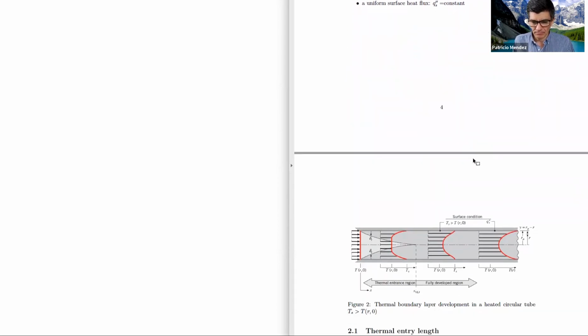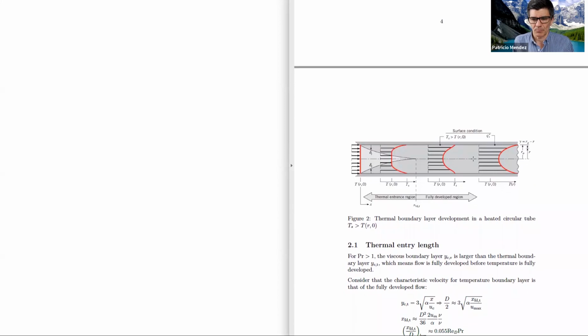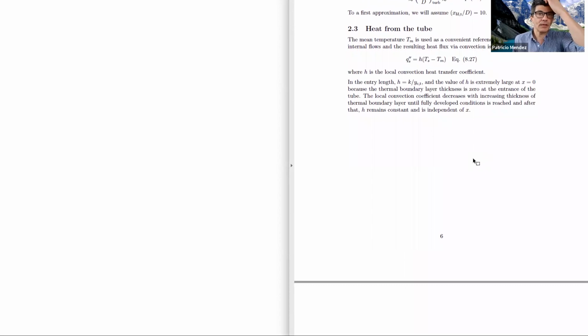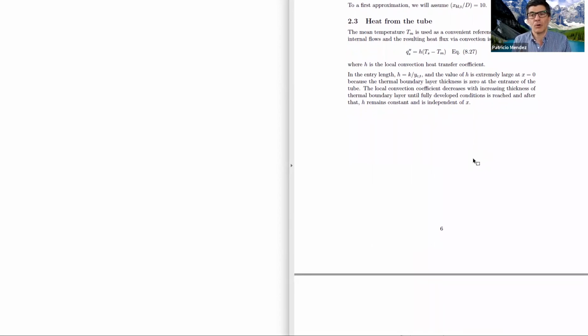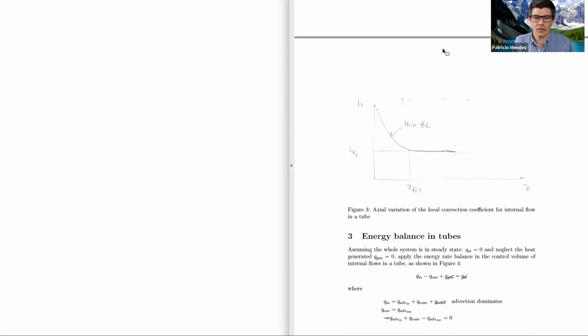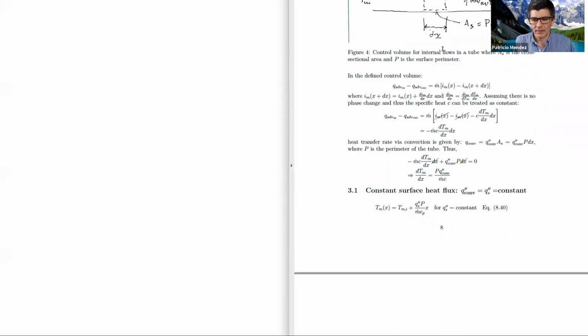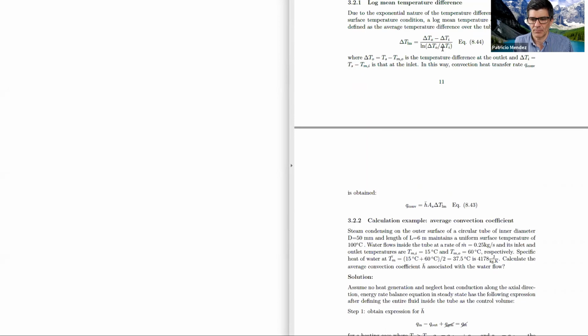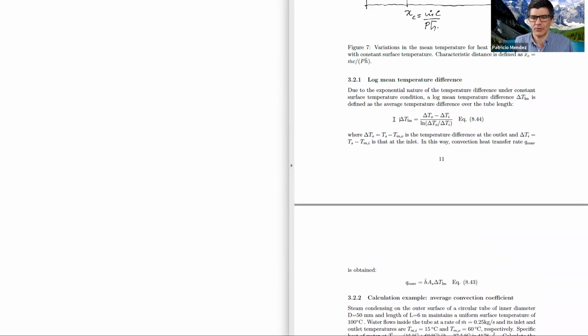We also discussed the energy balance in the tube, in which we came to the conclusion that when we use the convection coefficient to calculate an overall heat transfer over a length of a tube, because the temperature difference between the tube and the fluid is changing constantly, we need to use the delta T log mean, which has this expression here.